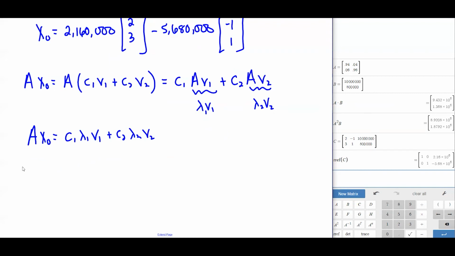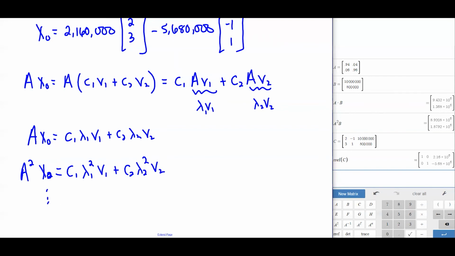So what happens if I multiply by a second A? If I multiply these by A again, I multiply V1 and V2 by A. Remember, you factor these constants out. The lambdas are constants as well. They're scalars. Then I'm just going to get another lambda times V. So this would be lambda 1 squared V1, lambda 2 squared V2.